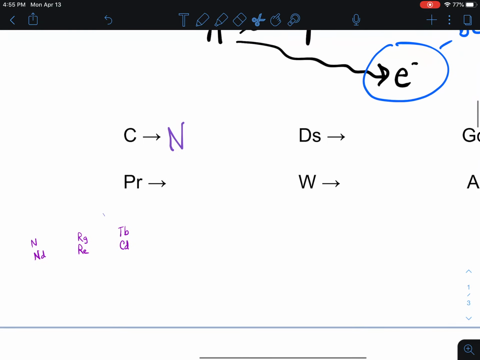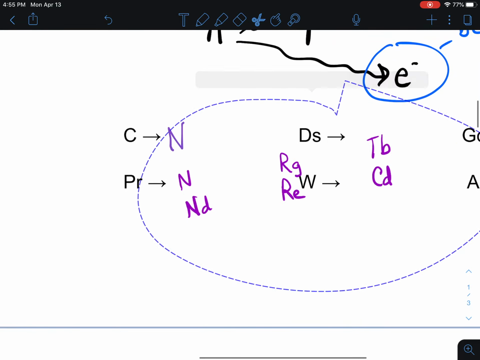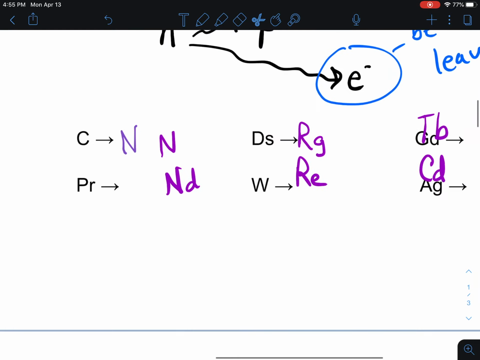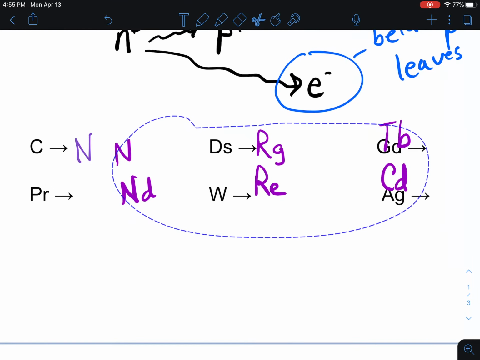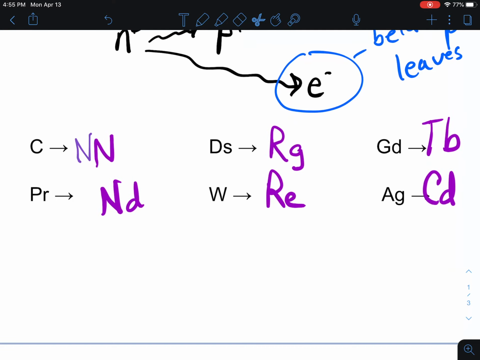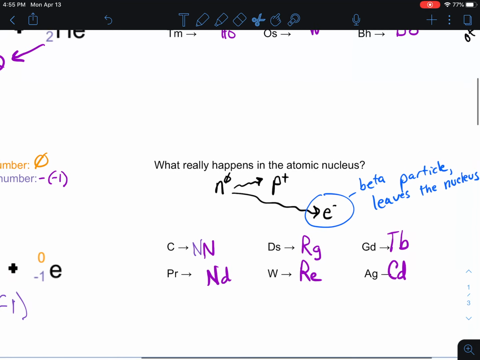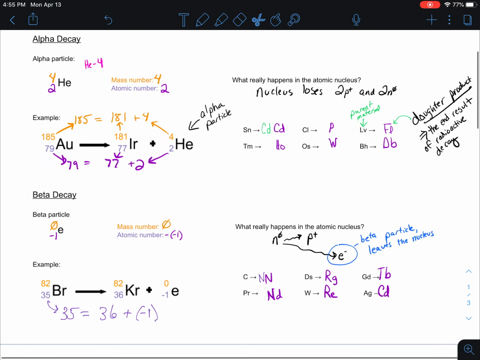So pause now. And there are your answers. And that's how you do alpha and beta decay equations. Use these notes and this video as needed moving forward to do your quizzes.